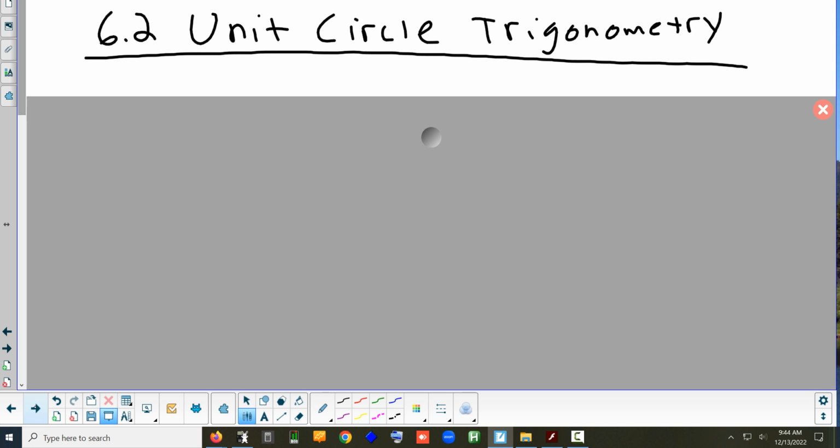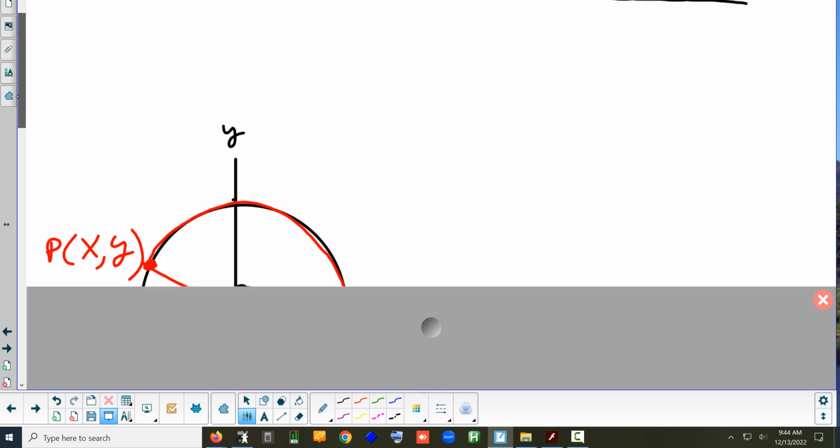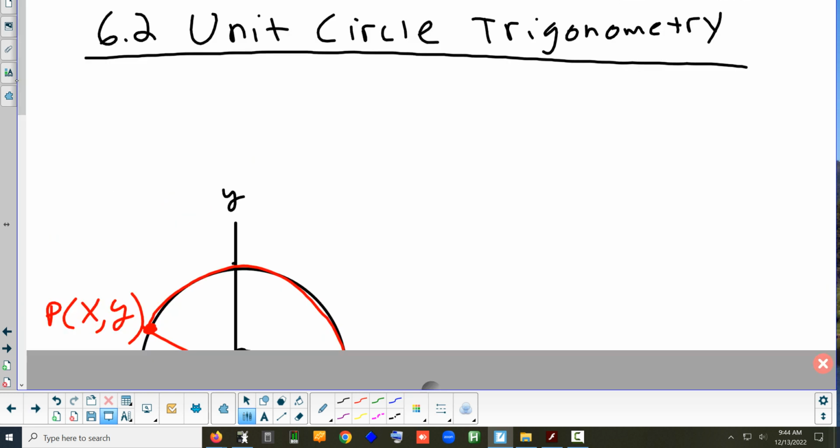So we're going to do most of it tomorrow, but there's a few things, if we can write them down today, then we won't have to do it tomorrow. So 6.2 is unit circle trig.